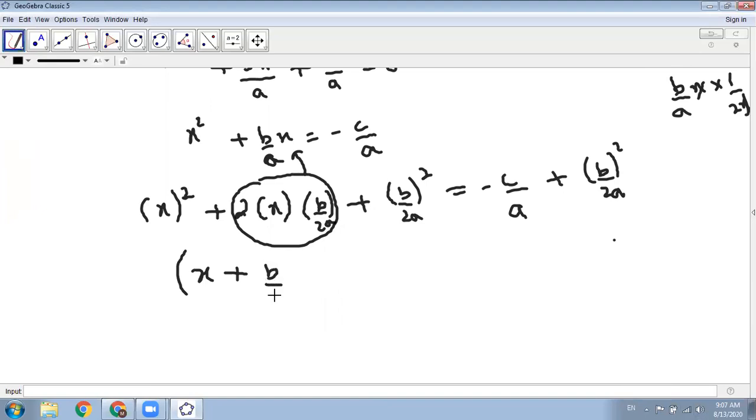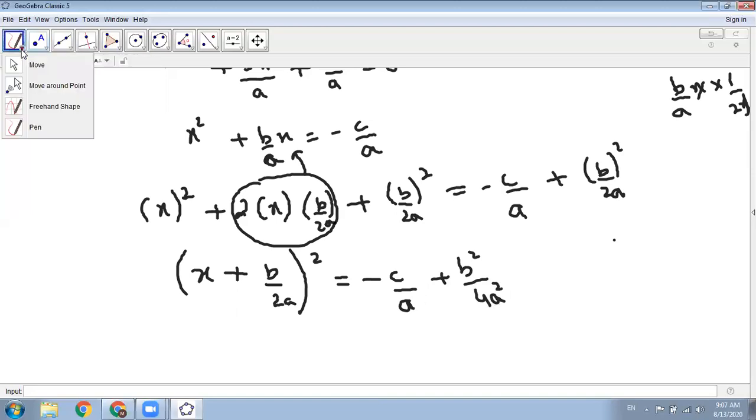So (x plus b upon 2a) whole square equals to minus c upon a plus b square upon 4a square. Now we take the LCM of this side.